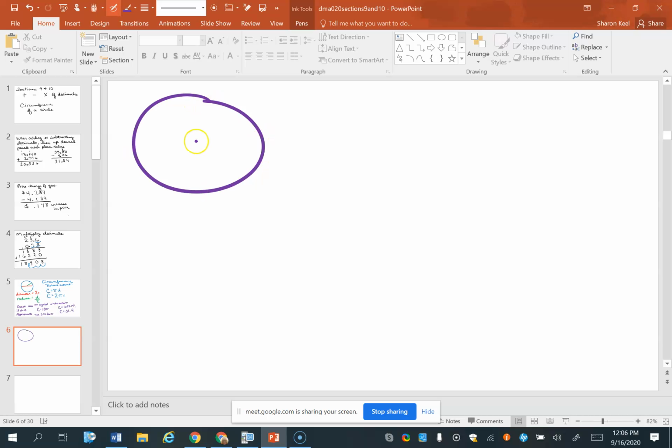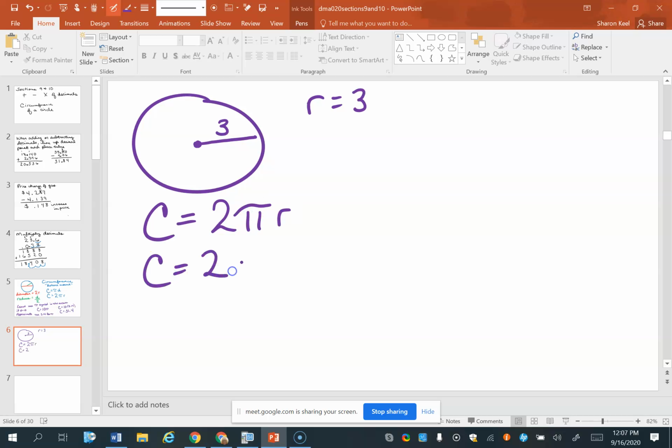A circle, and on this circle you're going to be given a radius. The radius is equal to 3. If we're finding the circumference and we were given the radius, we would use 2 times pi times radius, which is 2 times 3 with the pi symbol.